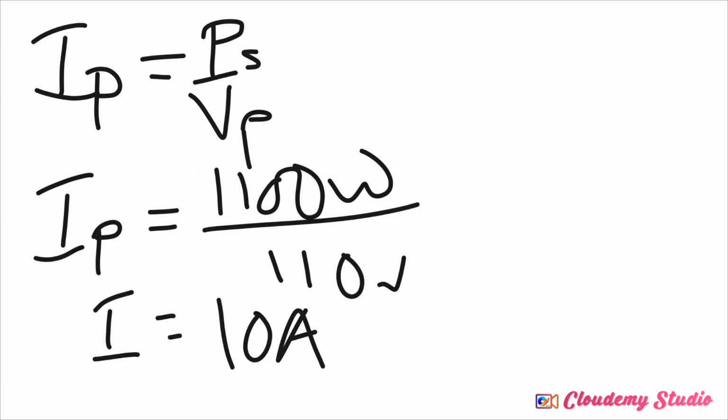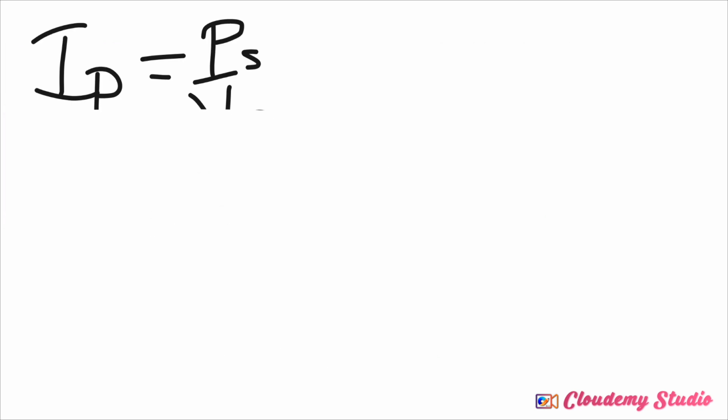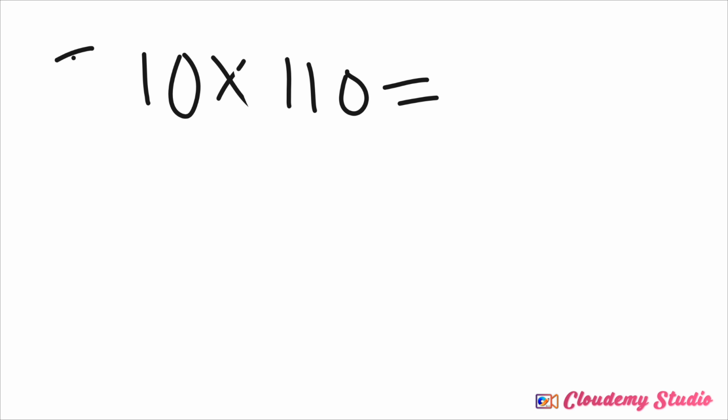Okay, so to find the current in the secondary coil, we have the current in the primary coil to be 10, and then we multiply with the voltage in the primary coil, which is 110, which is equal to the current in the secondary coil, which is the one we're finding, times the voltage in the secondary coil.